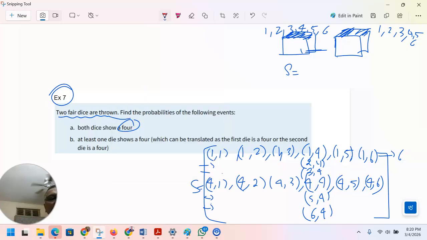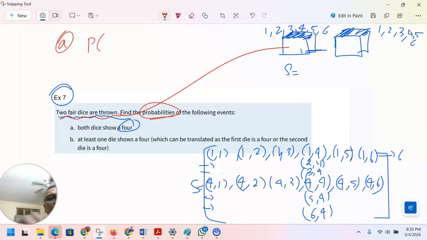Basically, what it's asking you, when you throw these two dice, what are the probabilities? So the probability that both dice show 4. So both are 4.